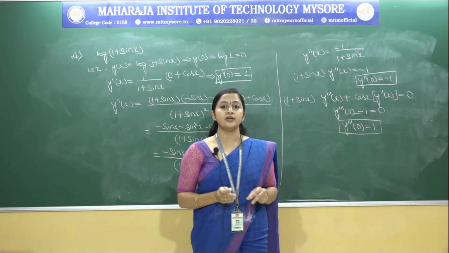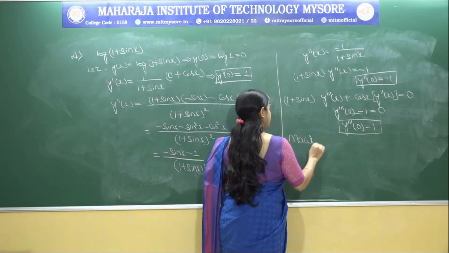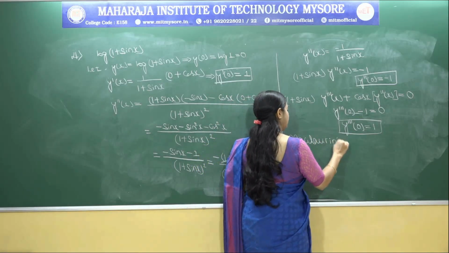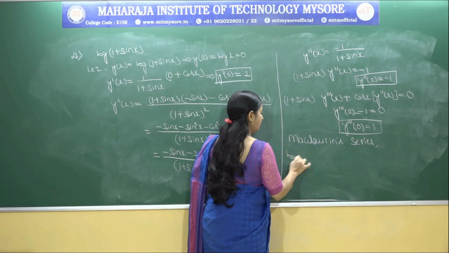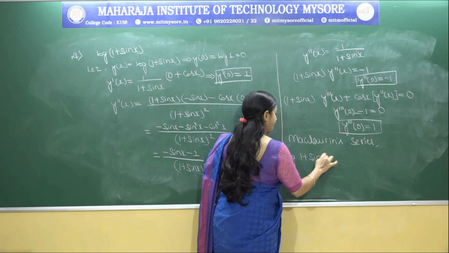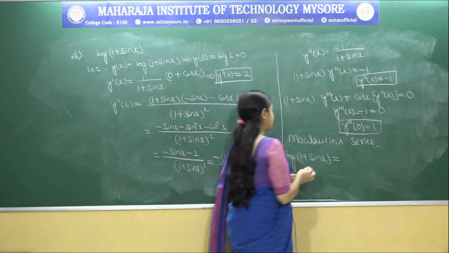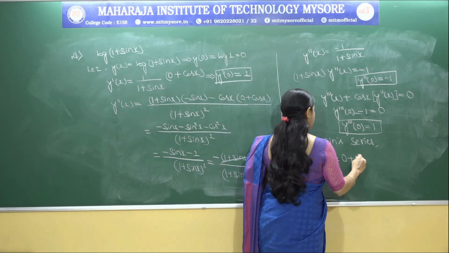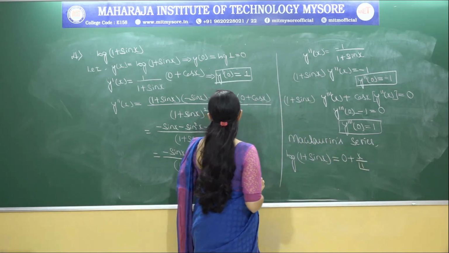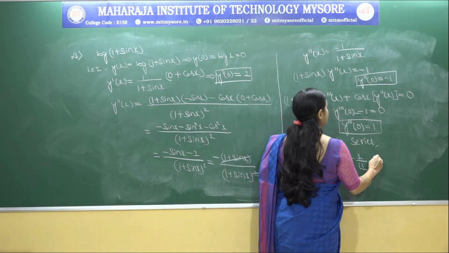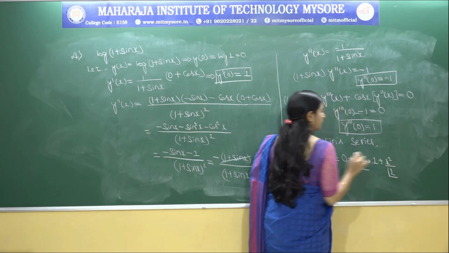Since you got the three terms, you can write the Maclaurin series expansion. So I directly write the Maclaurin series for log 1 plus sin x equals, first y of 0 equals 0, x by 1 factorial, the y dash of 0 equals 1, x square divided by 2 factorial.